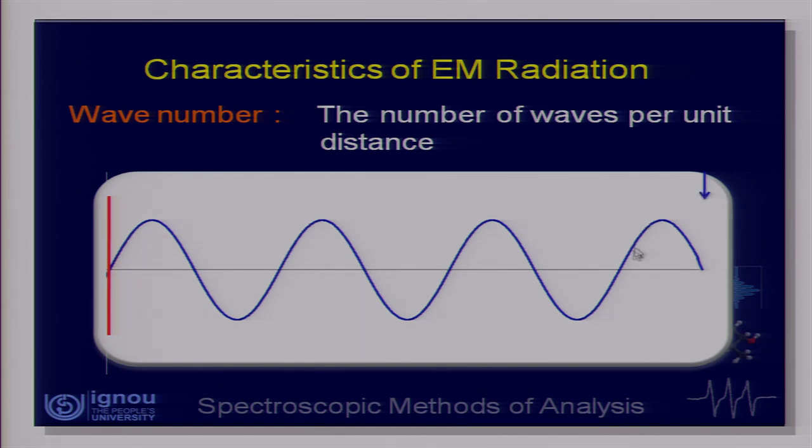How do I define wave number? This wave, as shown here, has 1, 2, 3, about 3.5 wavelengths, since one wave is essentially one wavelength. So, there are 3.5 waves in this distance from here to here.